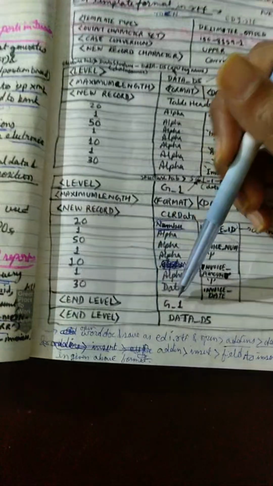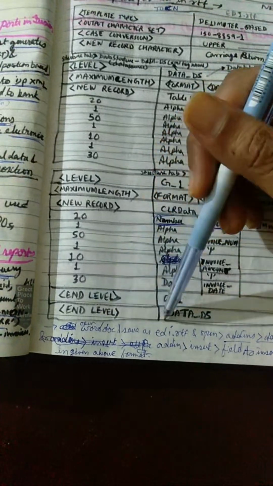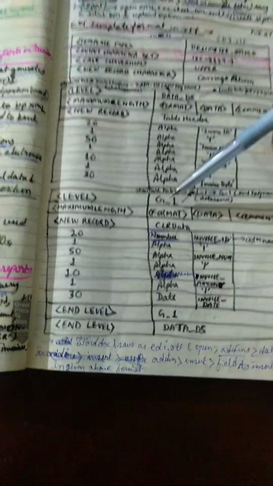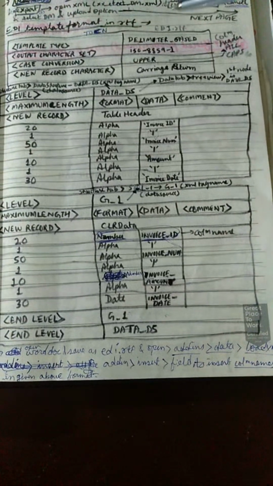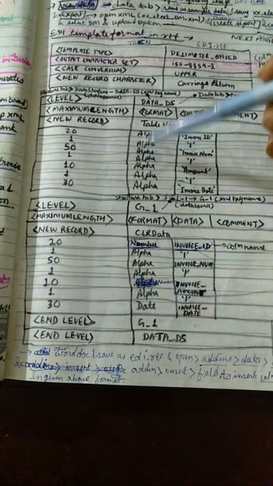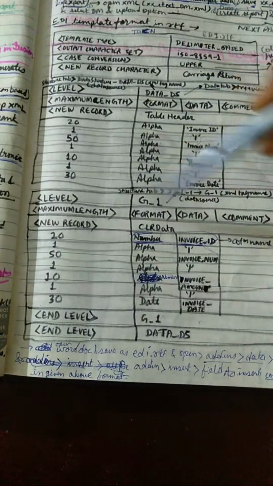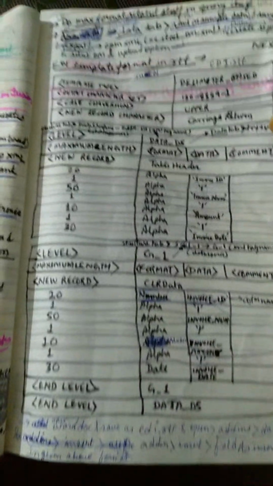Okay, because I have one, I am closing this with G1 first and the end level data DS second. Data DS was this. Okay, this is a subgroup under this level. This is the first group, but this comes under this level. First of all, we have defined my column names here. I hope this is clear.